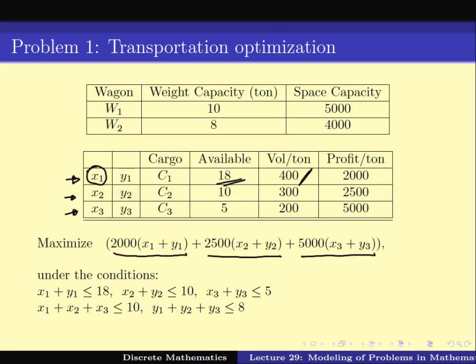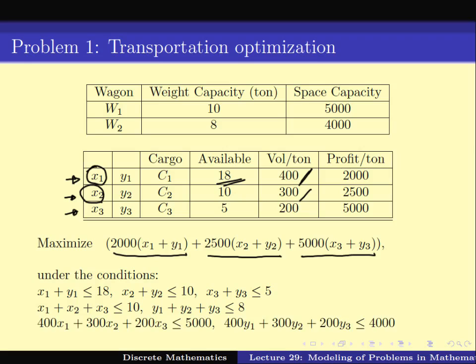Similarly, the volume required for shipping x2 of cargo 2 is 300 x2, and so on. So we get 400 x1 plus 300 x2 plus 200 x3, and 5000 is an upper bound on the volume that can be used, so this is less than or equal to 5000. And similarly this holds for wagon 2.